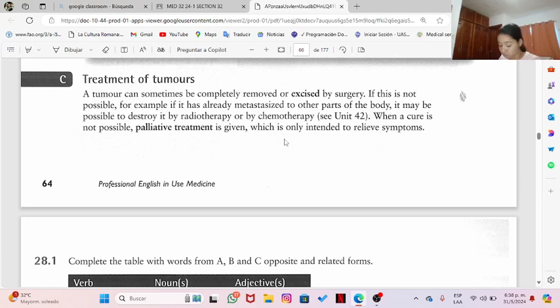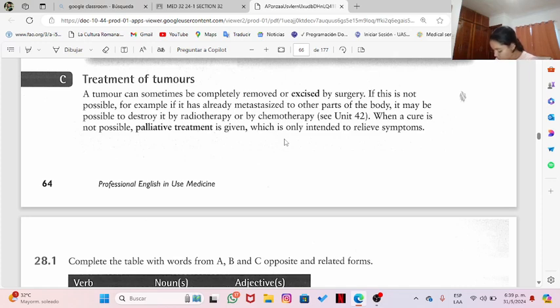Treatment of tumors. A tumor can sometimes be completely removed or excised by surgery. If this is not possible, for example, if it has already metastasized to other parts of the body, it may be possible to destroy it by radiotherapy or by chemotherapy.